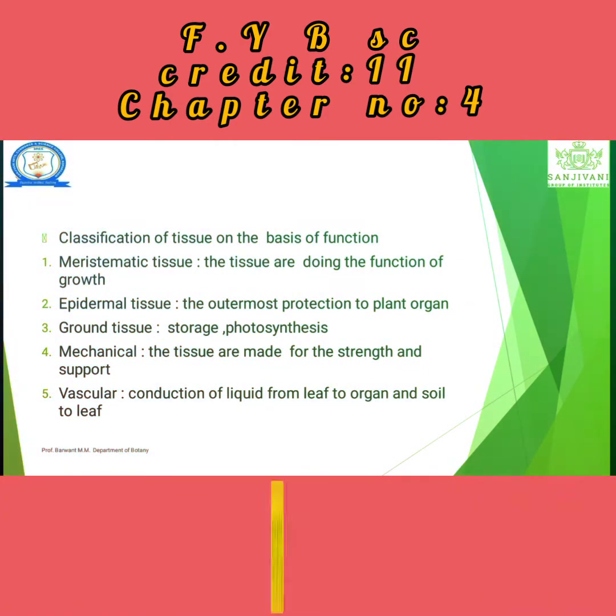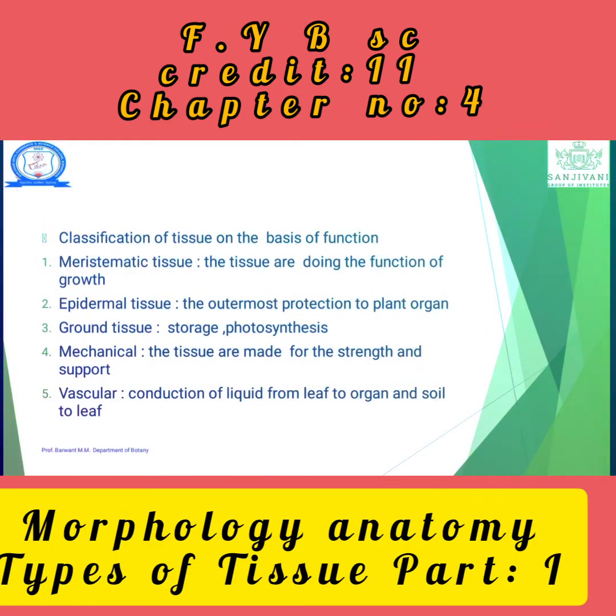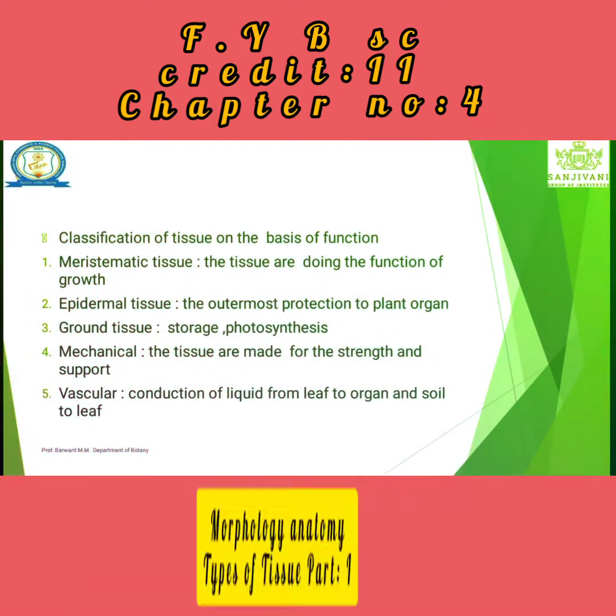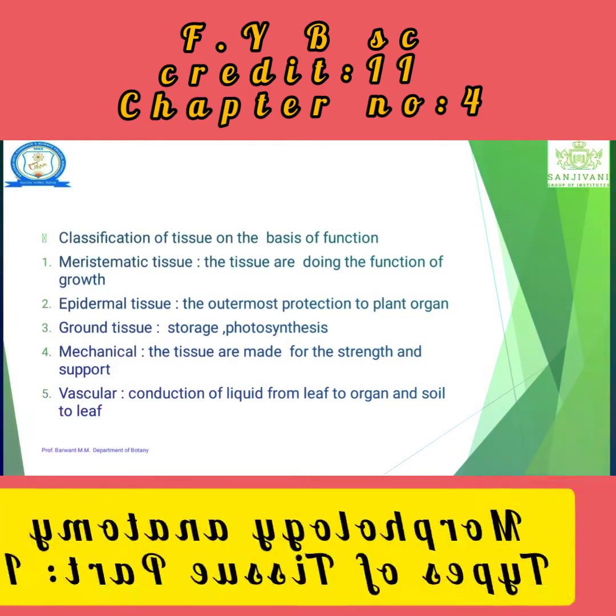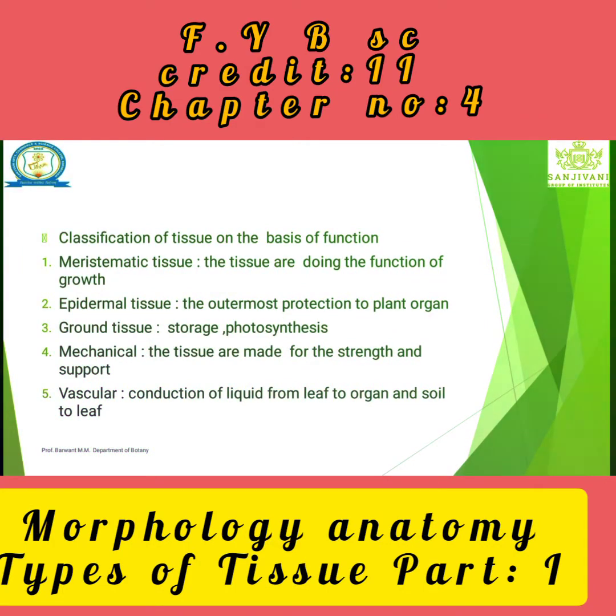A plant that stands against the flow of air has more mechanical strength. The tissue in a plant that gives strength and support against environmental conditions is known as mechanical tissue.